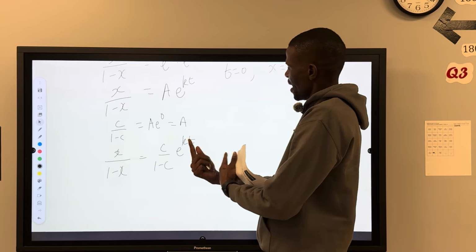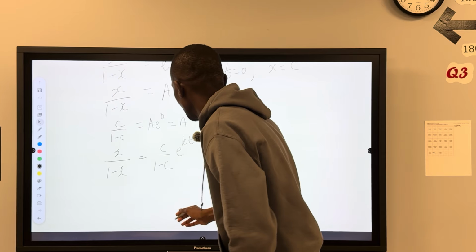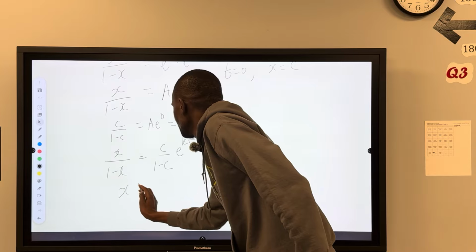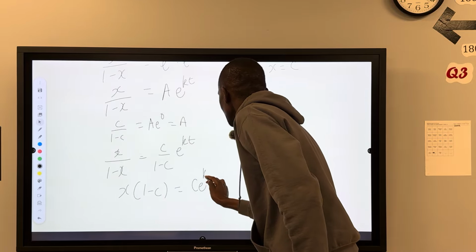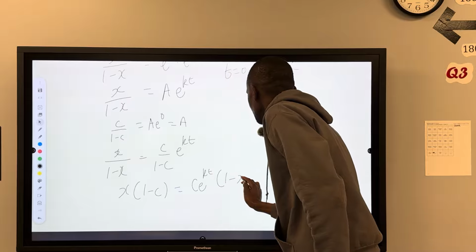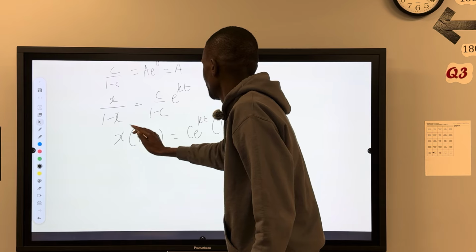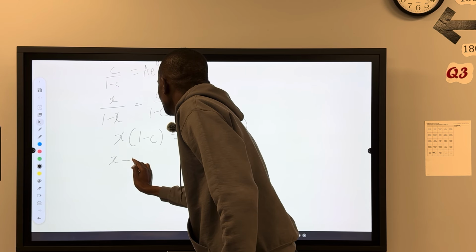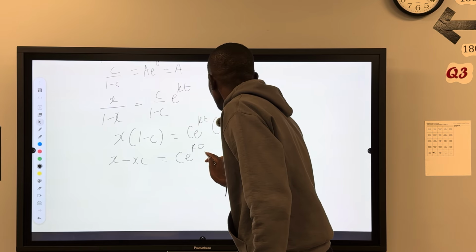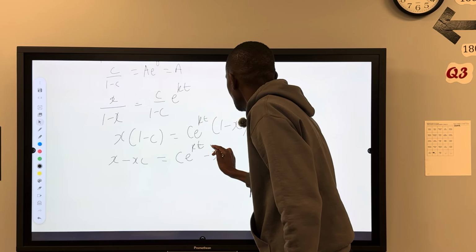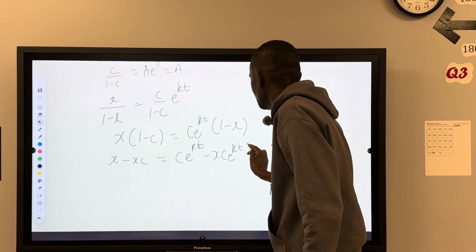So here I am going to cross multiply. When we cross multiply, we are going to have x times 1 minus c is equal to c e to the kt times 1 minus x. Let's play around with this. If we distribute, you're going to get x minus xc equal to c e to the kt minus x c e to the kt.